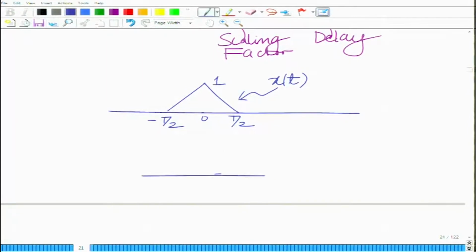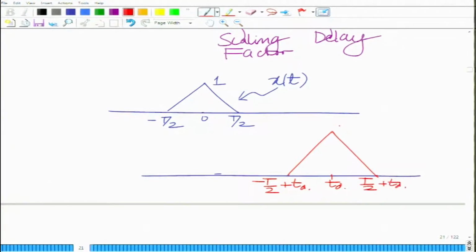Now, you pass it through the LTI system. If the LTI system is distortionless, all it can do is simply scale and delay. So it delays this by t d, which means this is shifted, and it will go from minus T by 2 plus t d to T by 2 plus t d, and the height is k.